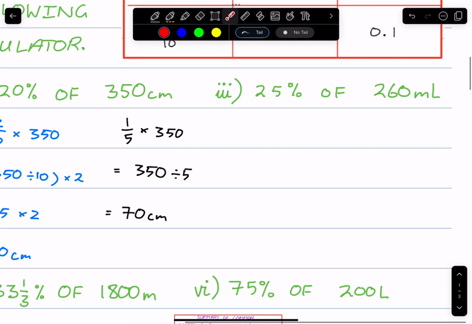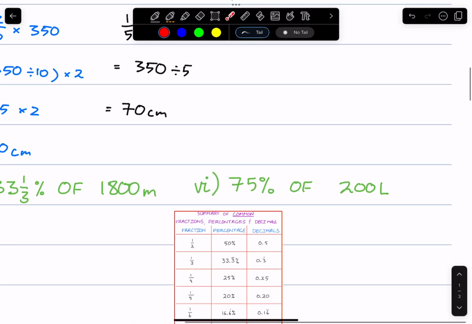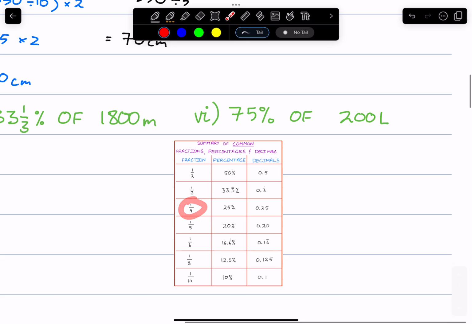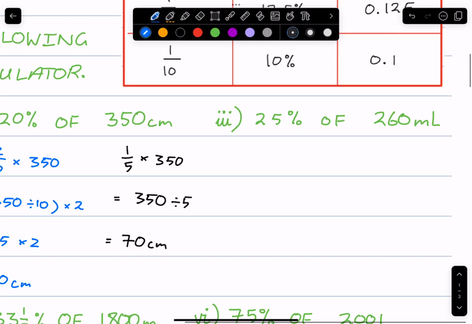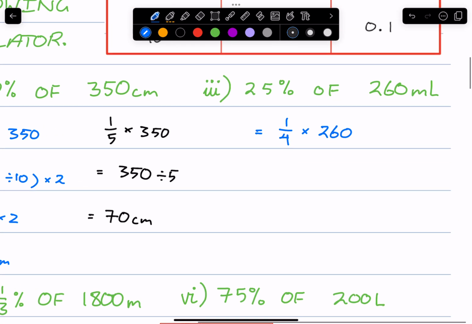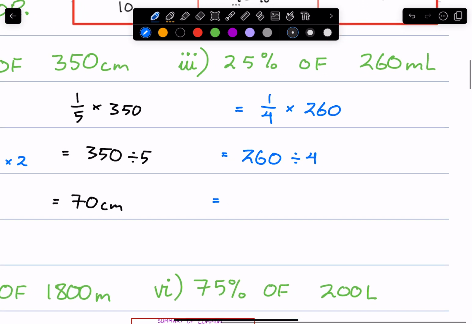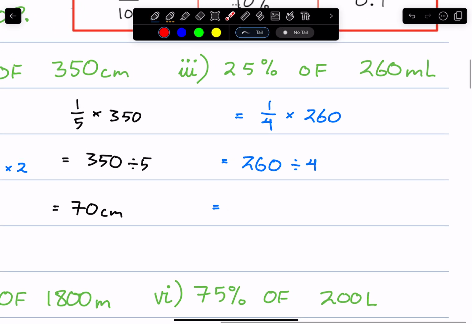Okay, so let's move this down. For this one, 25% as a common fraction is just 1/4. So this is finding 1/4 of 260. Since we're just doing 1/4, this is the same as 260 divided by 4. This one's a little trickier now. What's this? 26 divided by 4.